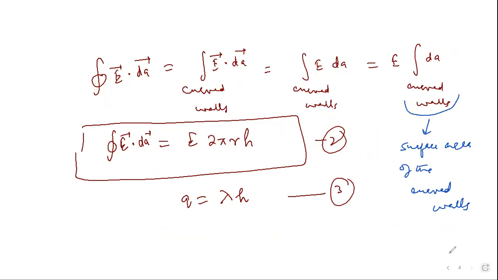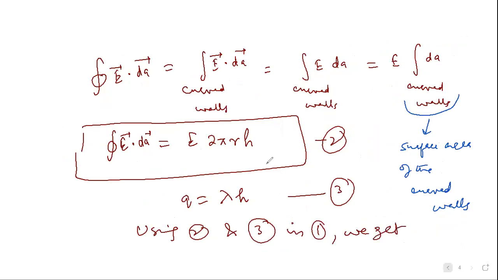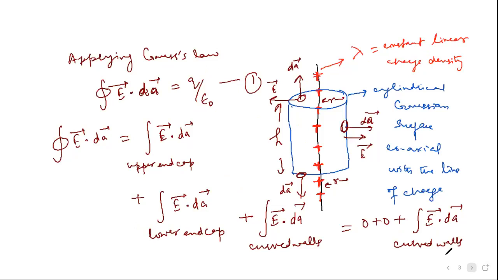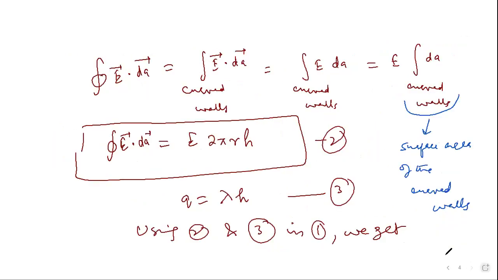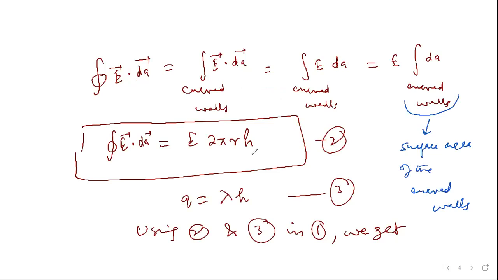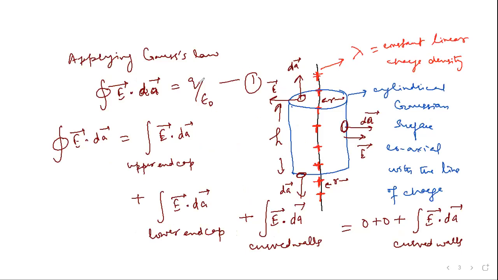Using second and third in first, we get E times 2 pi R H. Instead of Q, I will write lambda h, then there is epsilon naught. So it is simple. Left hand side is E 2 pi R H and Q is lambda h.